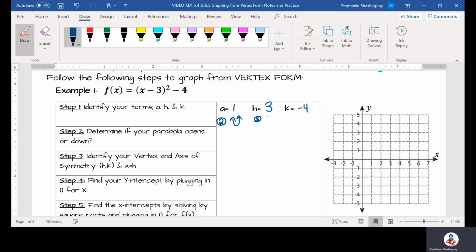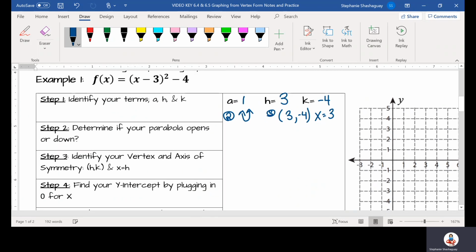So my vertex is going to be 3, negative 4, and my axis of symmetry is x is equal to 3, because that x term here in my vertex is my axis of symmetry.